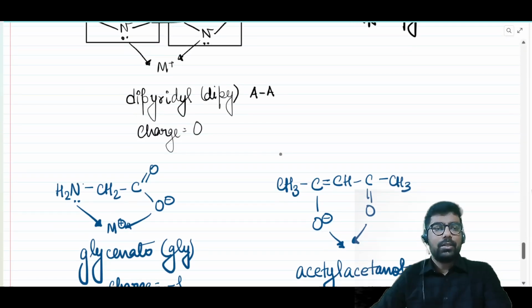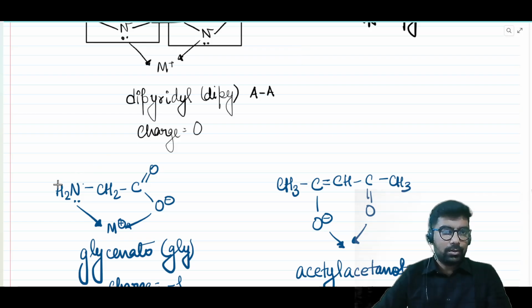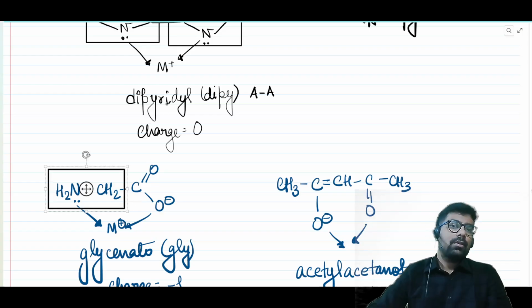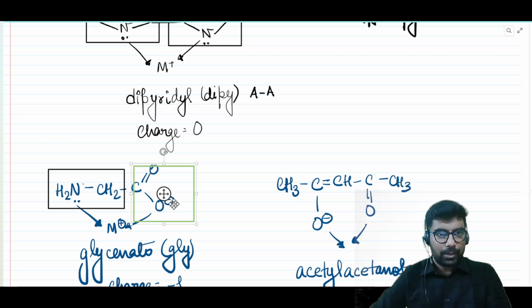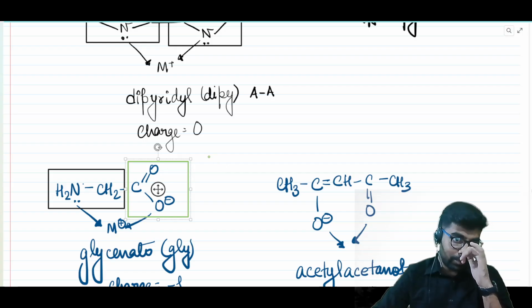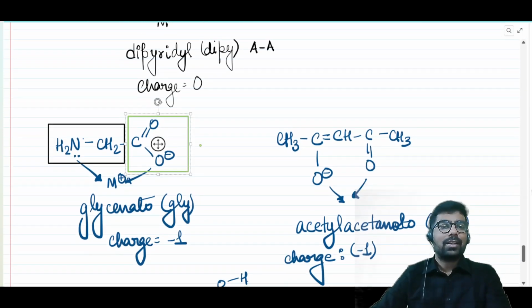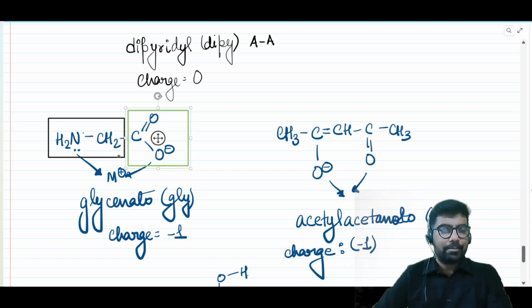But over here you will see these two parts are not the same. If we take the NH2CH2 part, then we have this CO minus in the other part. So the two parts are not the same. So these molecules are classified as AB type.